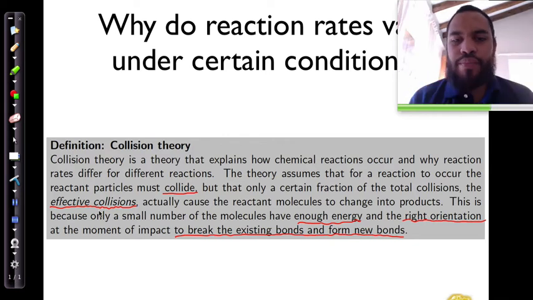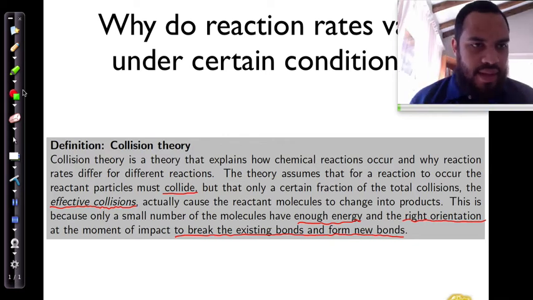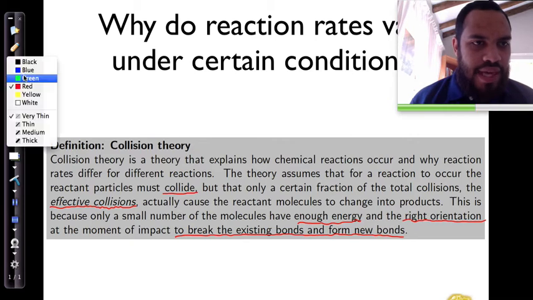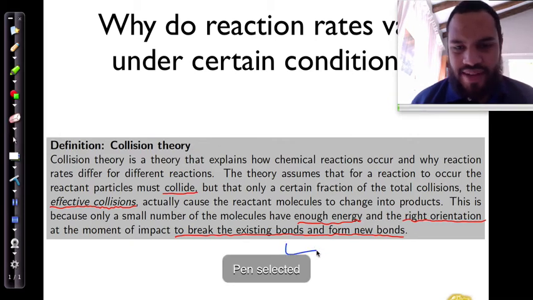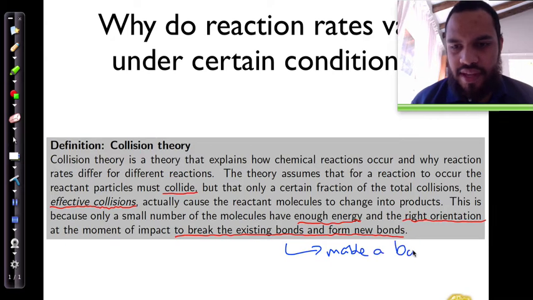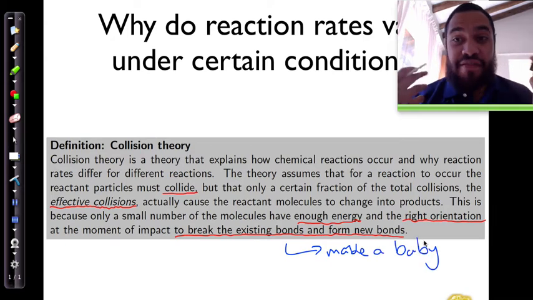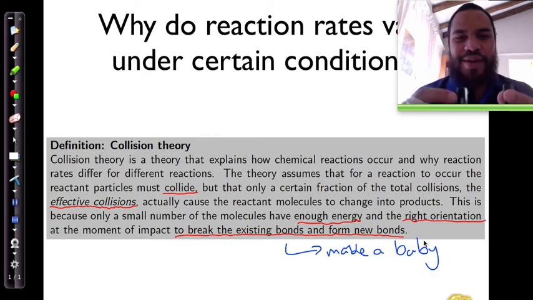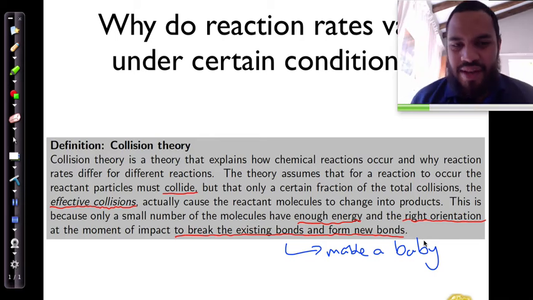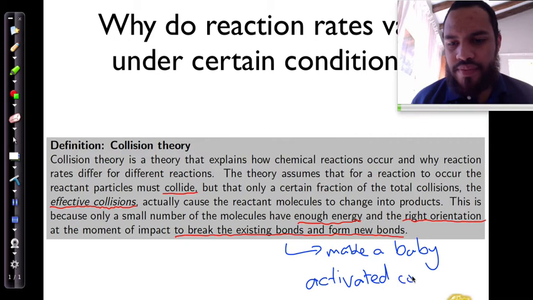We call that process the time when they make a baby. If you want to remember that, it's make a baby. There needs to be the correct orientation and enough energy to make a baby. Okay, so when they break existing bonds and form new bonds, we call that process or that stage of the reaction the activated complex. So just think about it.